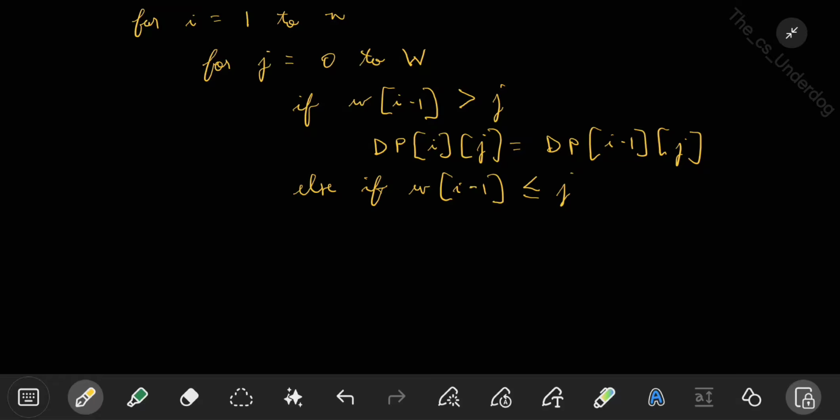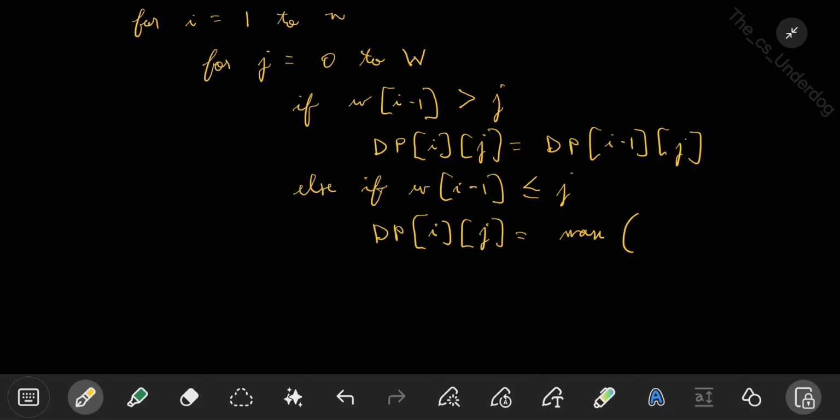You have to find maximum of what are the two things? First thing is, if you are not including, then dp of i j is the same thing. That is, here you have to write dp of i j is equal to maximum of two things.